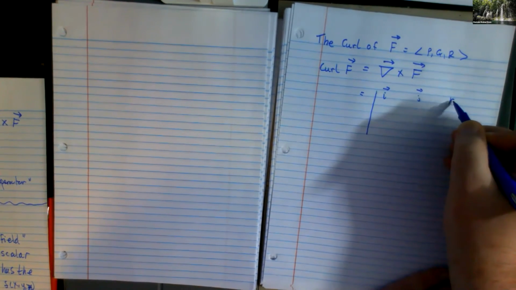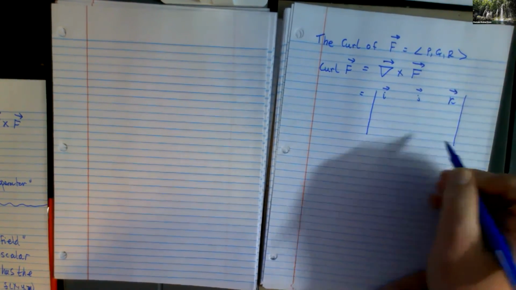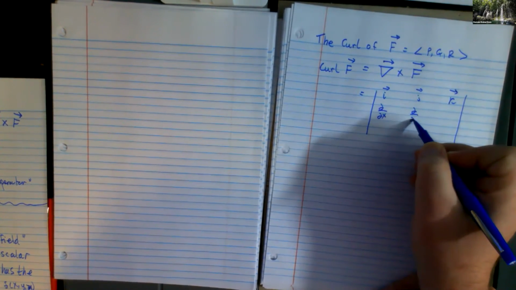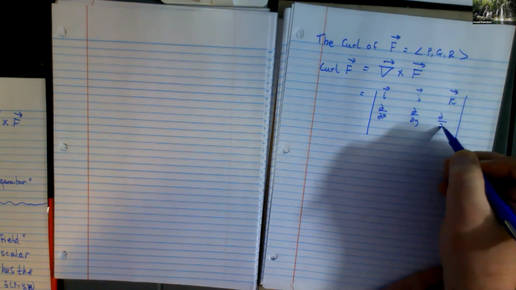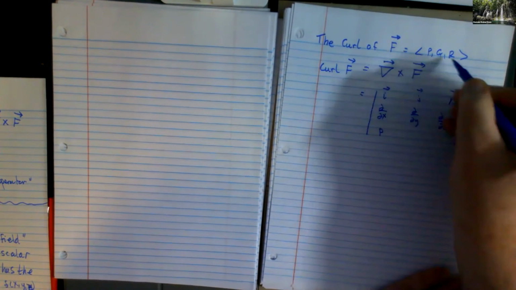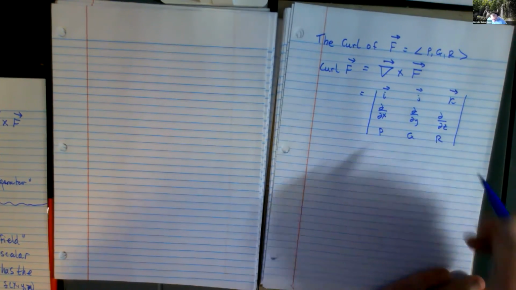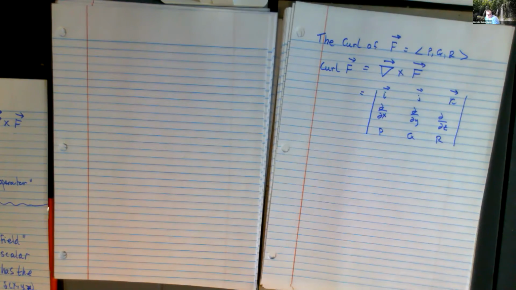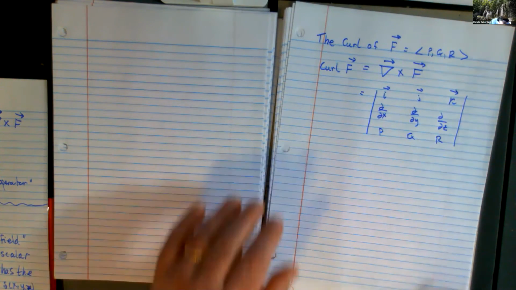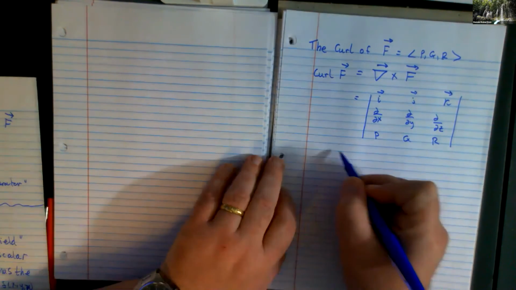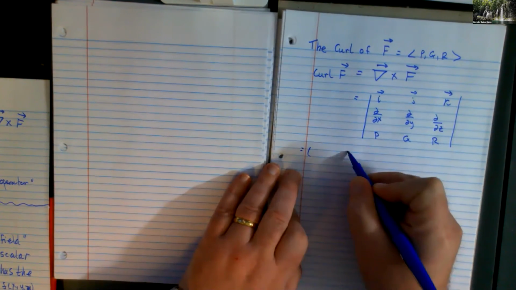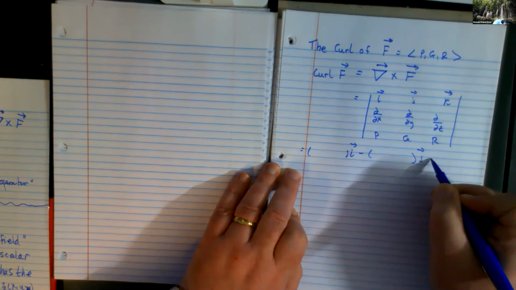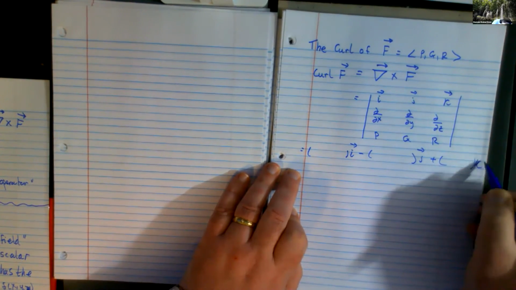We're used to doing that. And the delta operator goes in the middle. And then f, which is P, Q, and R, goes at the end. So the curl of f is this determinant, right? This, in this case, 3 by 3 determinant. So it's going to be so many i's, take away so many j's, add so many k's.